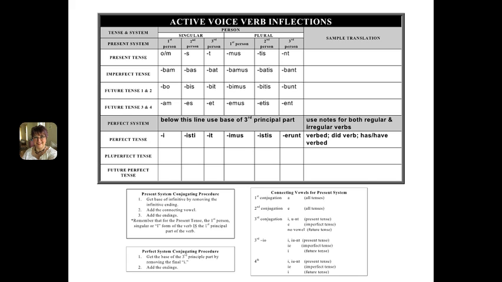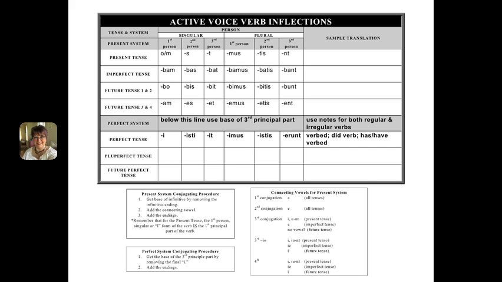One of the things that's interesting to note about the perfect system is that the first person singular and the second person singular do not use the traditional personal pronoun endings to recognize the subject of the verb.